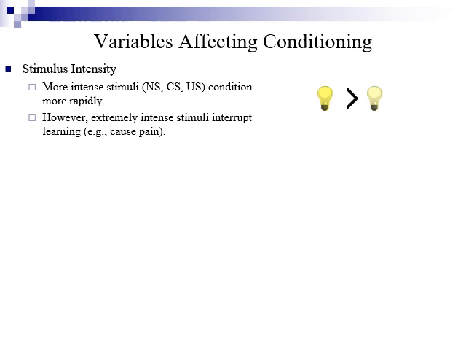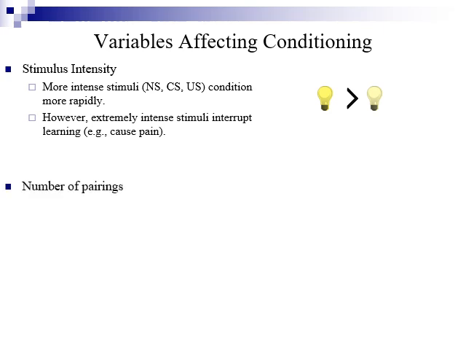A sound paired with food delivery, like a bell ringing prior to food, will work really well, unless the sound of the bell is so loud that it hurts the ears. In which case, the dog will react to the bell itself and be fearful of that because it produces pain, rather than learning about the bell being followed by food.